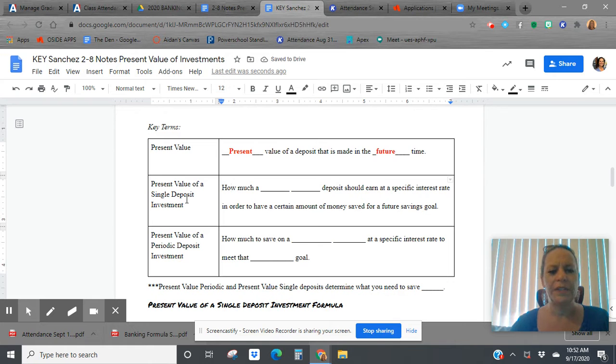A present value of a single deposit investment: how much a blank blank deposit should earn at a specific interest rate in order to have a certain amount of money saved for a future savings goal.